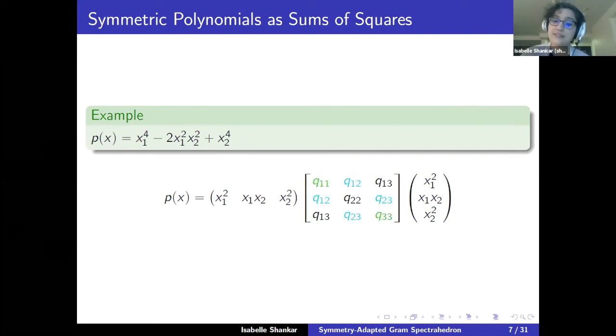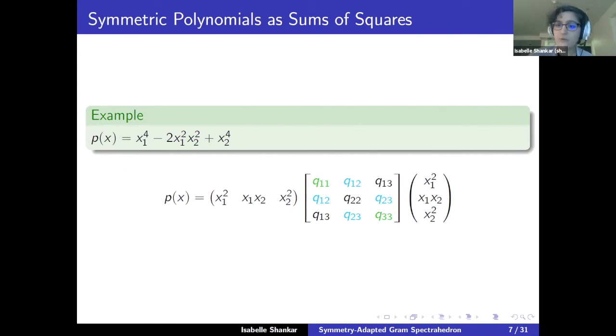What that ends up doing is it tells us that Q11 is equal to Q33, and Q12 is equal to Q23. Why this is important is exactly this: we go from a semi-definite program with 6 unknowns to 4. And in bigger problems, the reduction gets to be quite great. So that's a huge improvement for the sums of squares problem for symmetric polynomials.